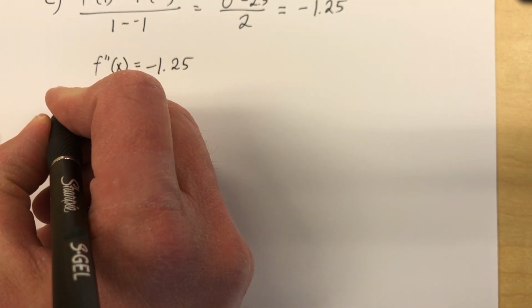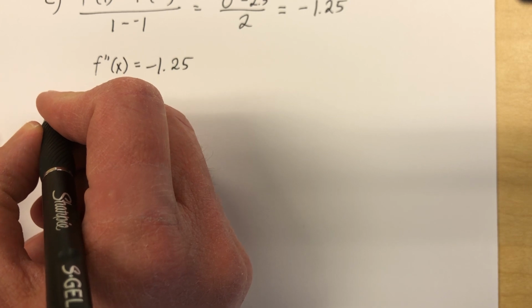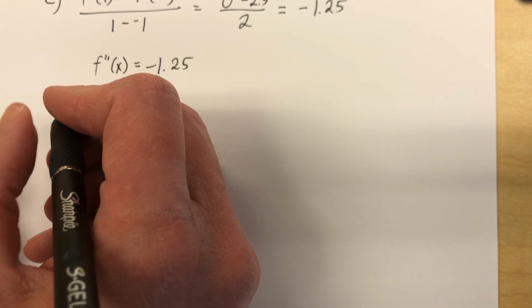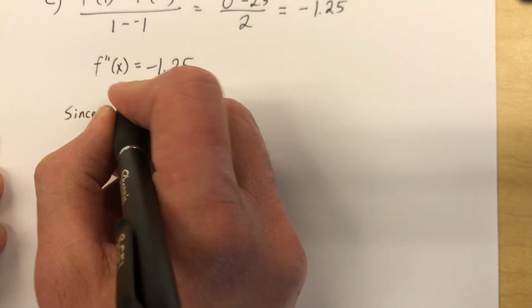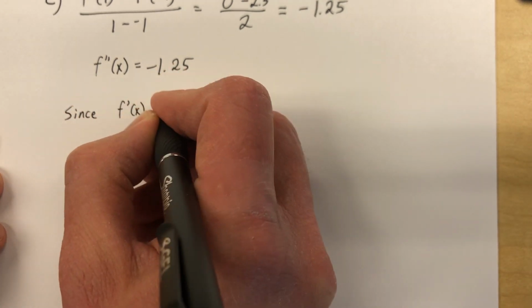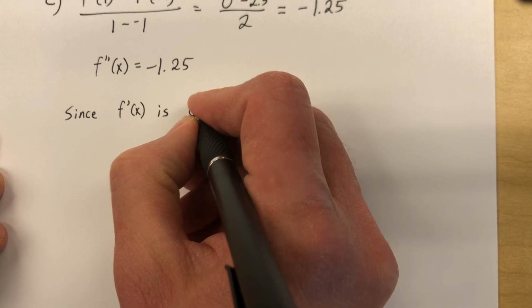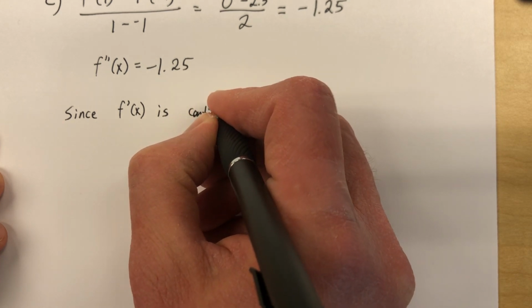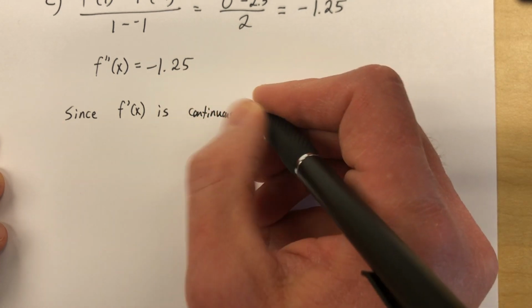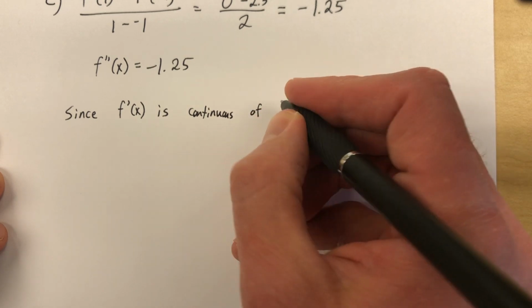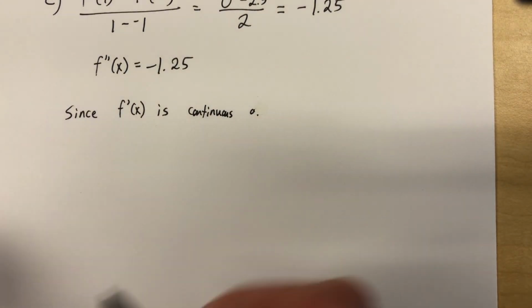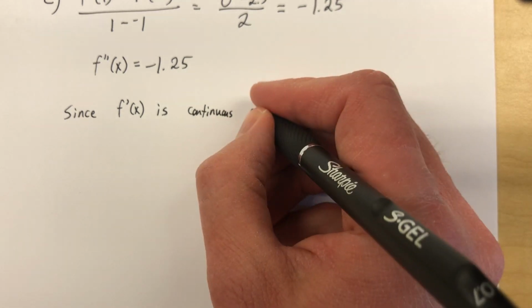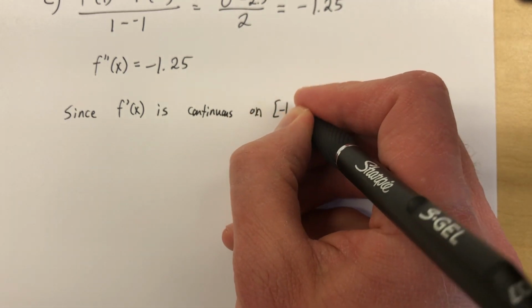Okay, for the mean value theorem to apply, we have to have differentiability, and we do. So since f prime of x is, let's get really specific, continuous, which is good. I'm going to get super specific: it is continuous on a closed interval, negative 1 to 1.